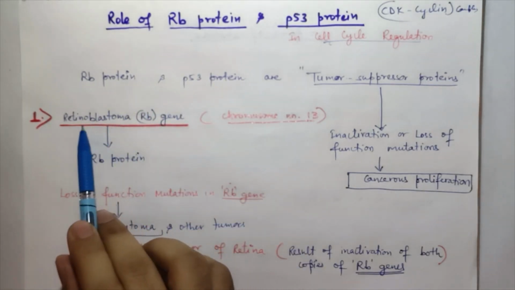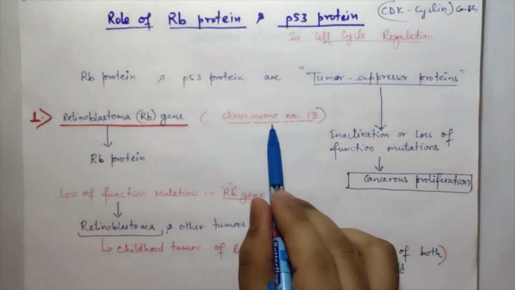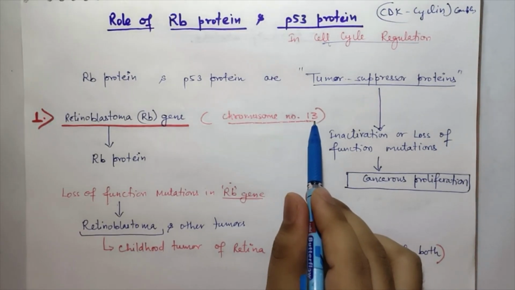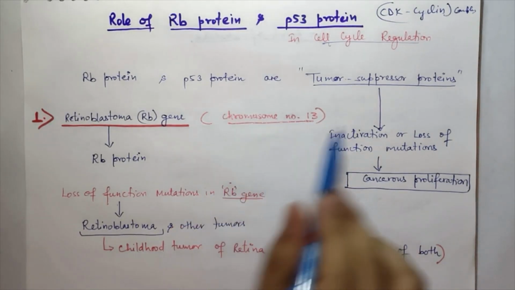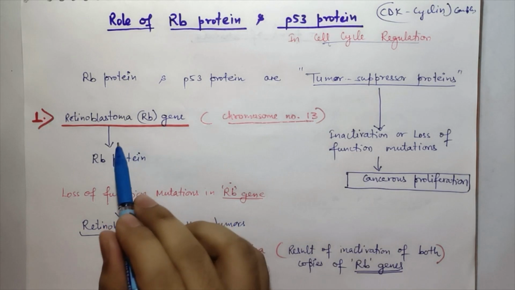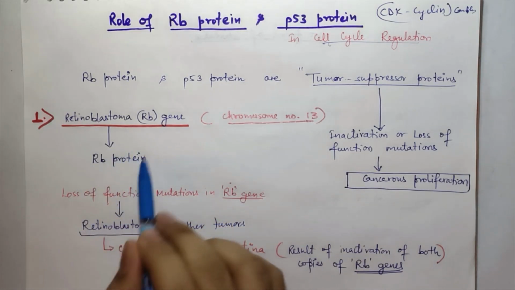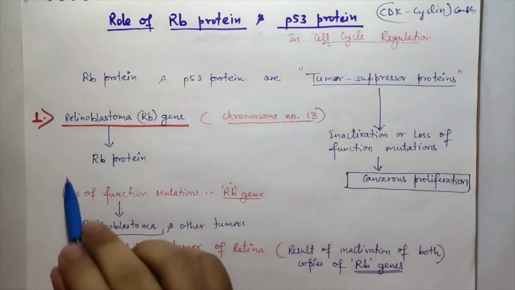The retinoblastoma gene is found on chromosome number 13, and it has two copies in the homologous pair of chromosomes. It is expressed into RB protein, a functional regulatory protein.